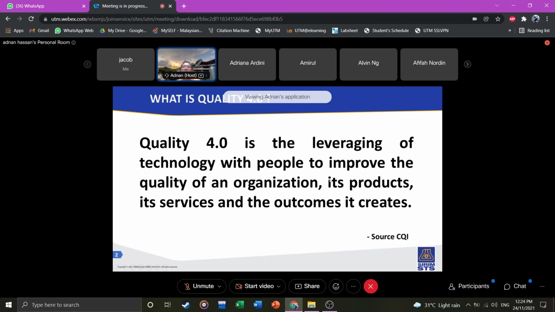So basically we want to leverage technology. What are these technologies? Artificial intelligence, internet technology, data analytic technology, to improve the quality of the organization, products, services, and so on. Those are just the definition of it.